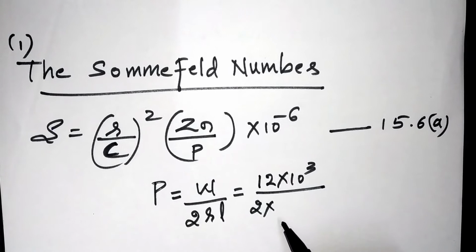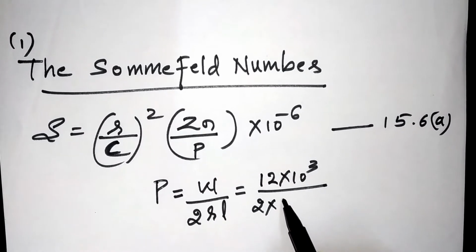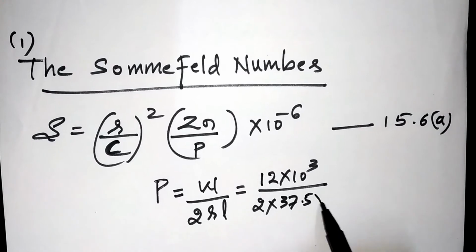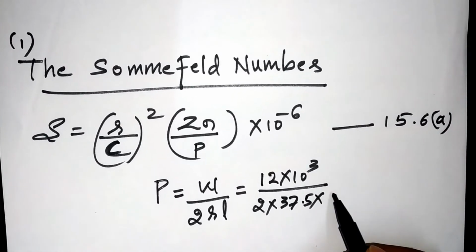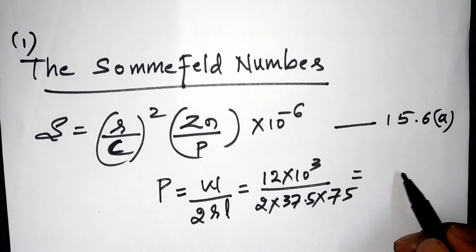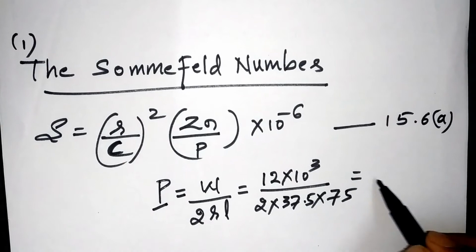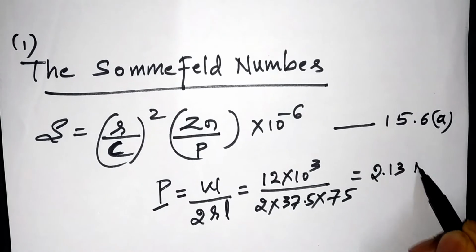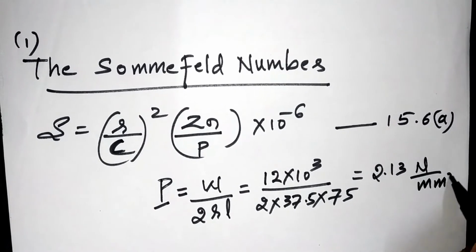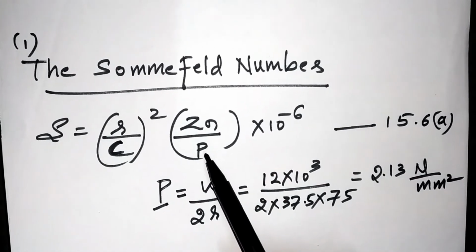R is the radius, since the diameter is given to be 75, my radius will become 37.5, and the length of the journal bearing is given to be 75. If I substitute and calculate, I'll get the average pressure as 2.13 newton per mm square. So I got the value of P now.